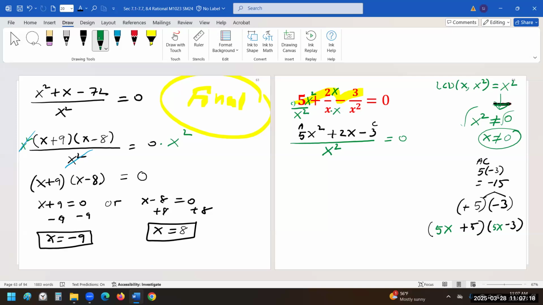But one of them is factorable. Which one is factorable? This one, right? So we take 5 as a common factor, and we get x plus 1, but then ignore that 5. And we have 5x minus 3.